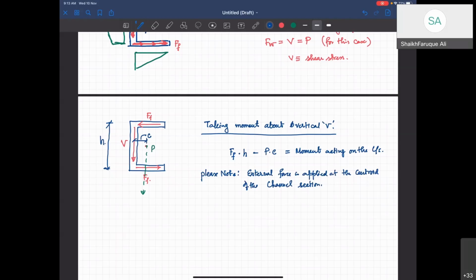Even if I apply the channel section central load, unless this fellow is 0, I cannot have it.